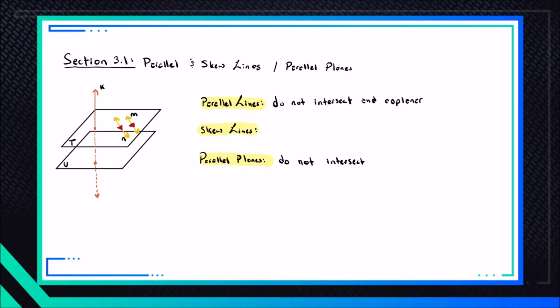But this concept of a skew line is going to be a little bit different. Skew lines are lines that do not intersect. So they're just like parallel lines in the fact that they don't intersect, but they're also not coplanar.